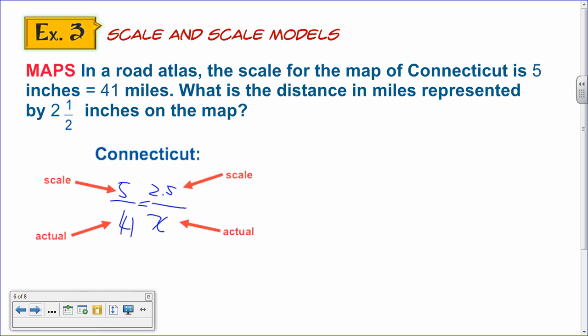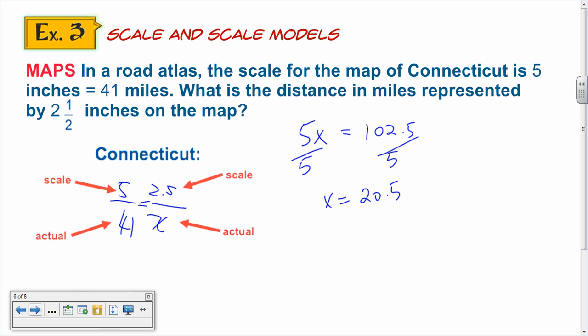Okay, so 5x equals 2.5 times 41, 102.5. Right? Divide by 5, x equals 20.5. Now, I could very easily change that back to a mixed number, couldn't I?